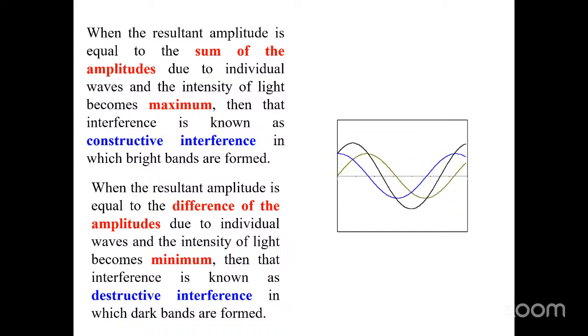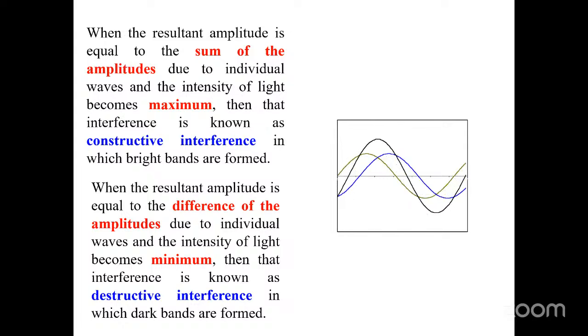When the resultant amplitude equals the sum of the amplitudes of the individual waves, the intensity of light is maximum, which means it is bright.